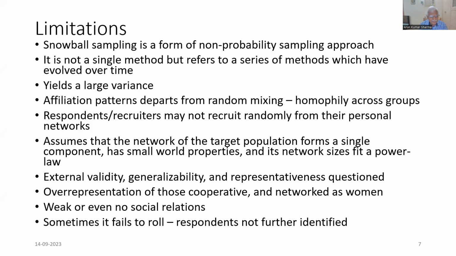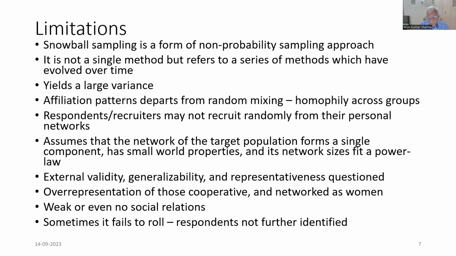So when you ask them, suggest us names of some people whom we can interview in the second stage, or you ask them whom they are related to for certain types of activities, they may not mention many because they are not themselves tied to such networks, and they carry out certain activities, hidden activities, criminal activities in isolation, and they are not networked with other people involved in similar activities.